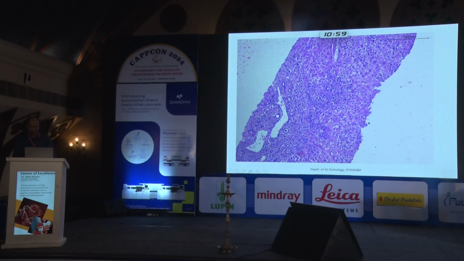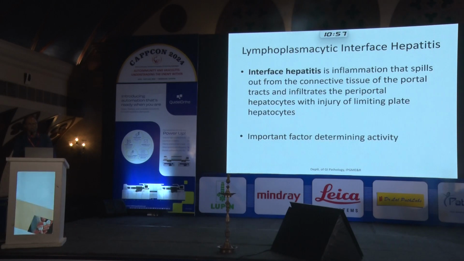So what is lymphoplasmacytic interface hepatitis? Interface hepatitis is when the inflammation spills over from the portal tract to the lobule, infiltrating and injuring the limiting plate hepatocytes. It is a factor which determines the activity of the liver disease. And in fact, chronic hepatitis is a clinical term.